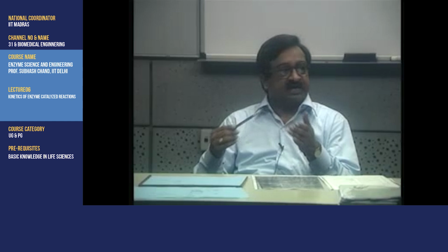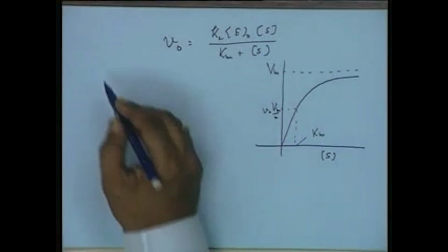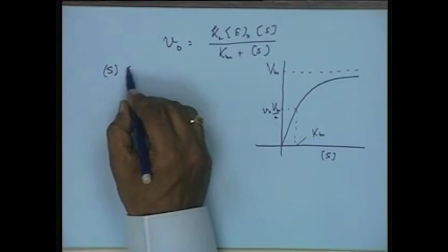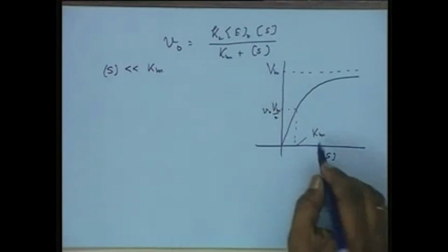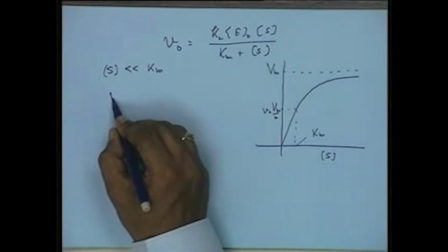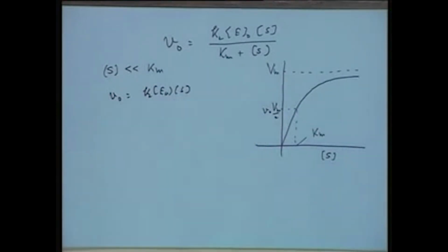Most chemically catalyzed reactions or chemical reactions represent a particular order of reaction, 0 order, first order or second order. In this case, you will notice that at low substrate concentration, when substrate concentration is very small compared to Km, and of course you can keep Km as a sort of datum, you can arrive at V0 is equal to K2 E0 into S, a simple first order kinetics.